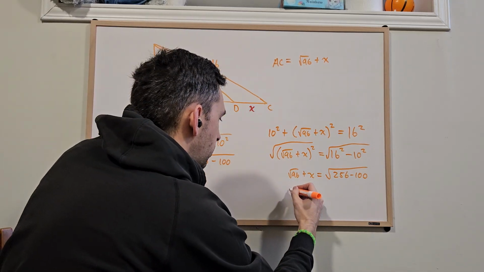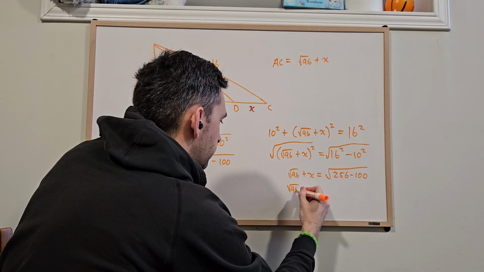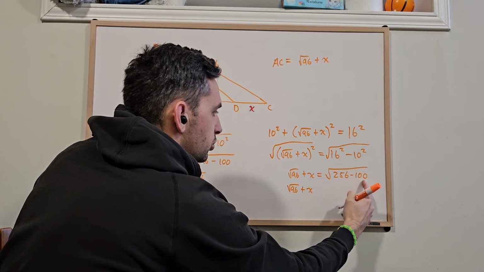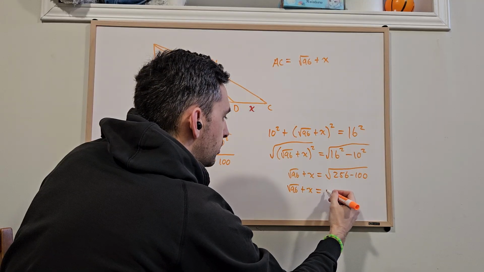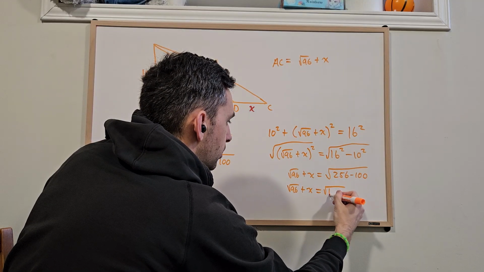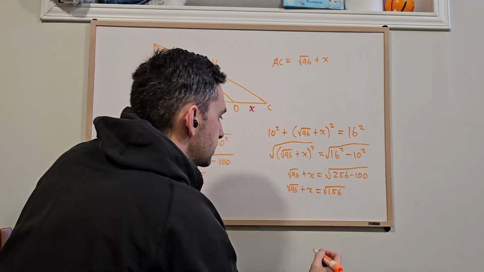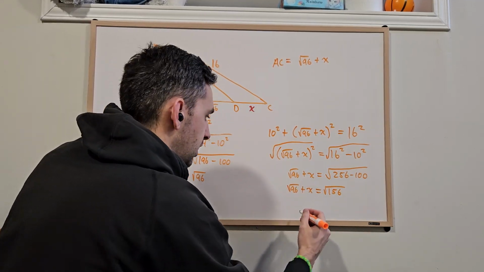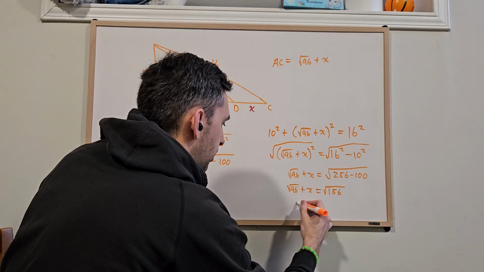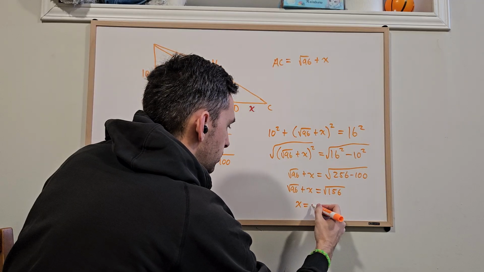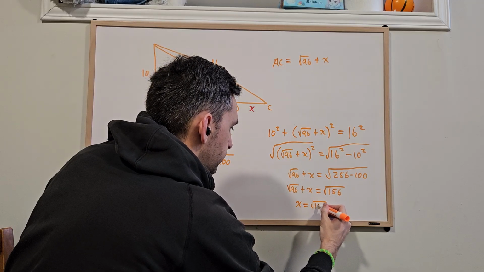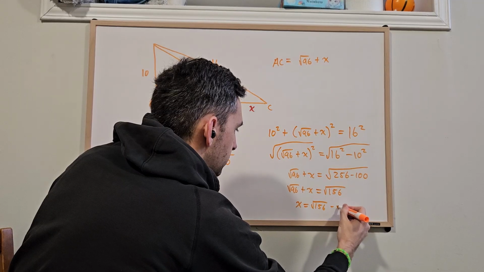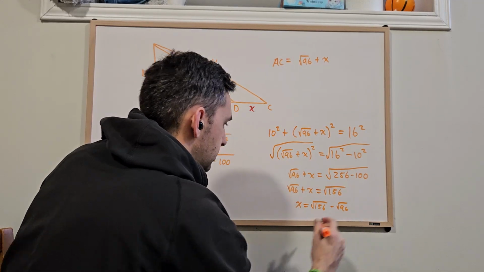I'm just going to do this part here, and I have the square root of 156. Then I just have to move this root 96 over to the other side by subtracting it from both sides, and I'll have x is equal to the square root of 156 minus the square root of 96.